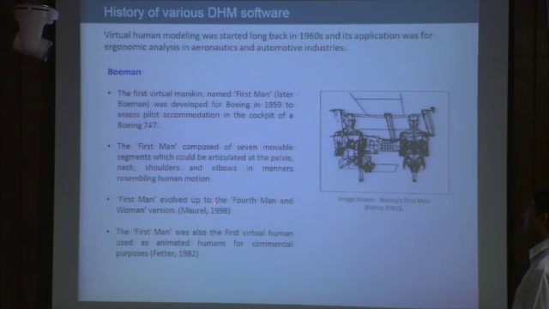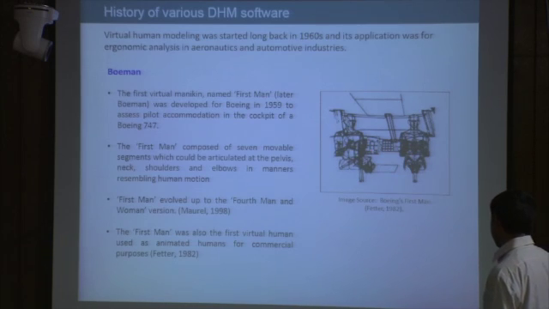The First Man evolved up to the 4th generation, that is the 4th man and woman version, as found from the information provided by Morrell 1998. The First Man was also the first virtual human used as an animated human for commercial purposes. So this is one image from that software.